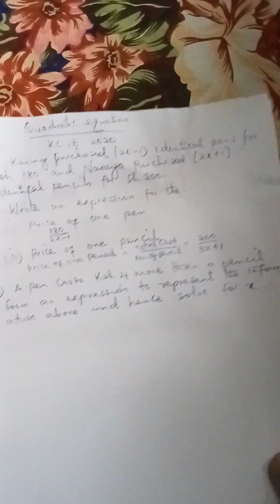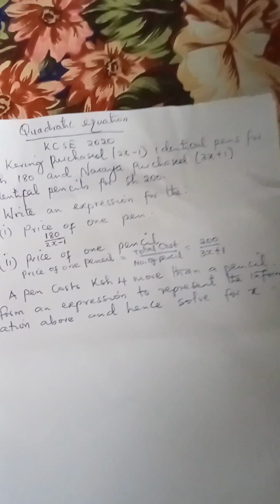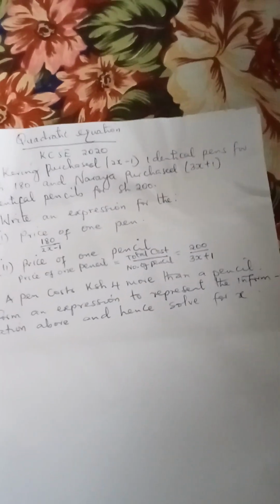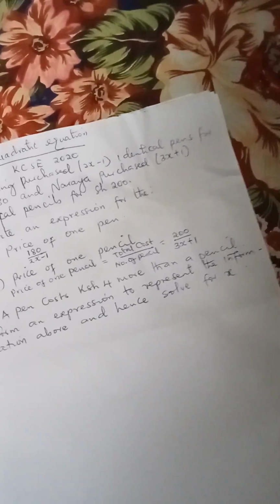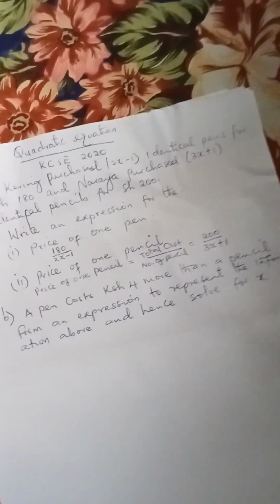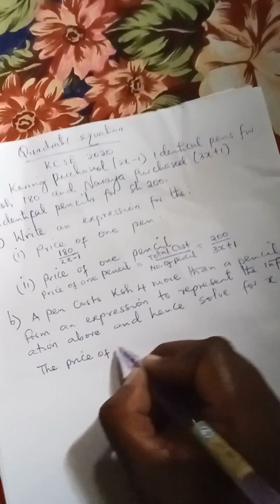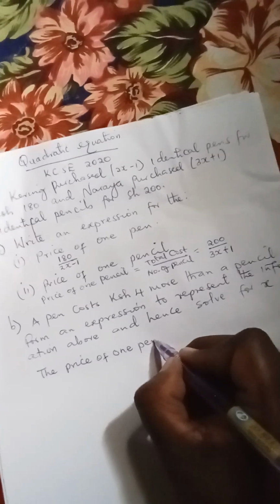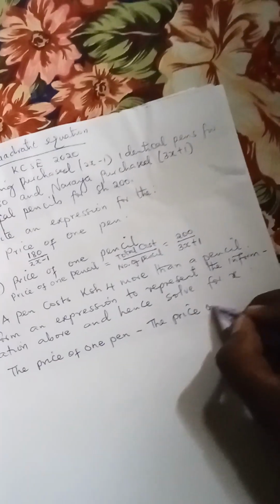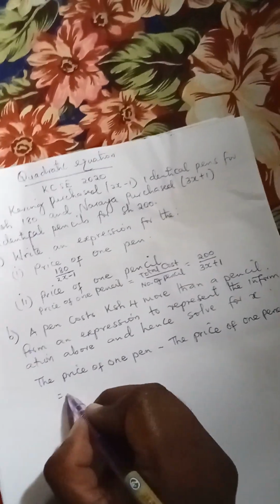Part B, a pen costs Kenyan shillings 4 more than a pencil. Form an expression to represent the information above and hence solve for x. Now here what you are supposed to do, we say the price of 1 pen minus the price of 1 pencil is equal to 4.